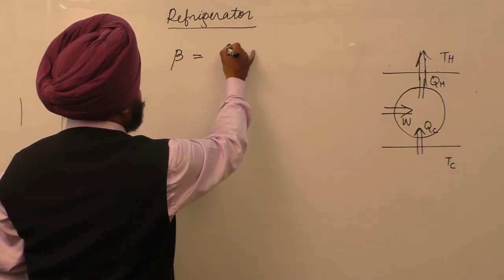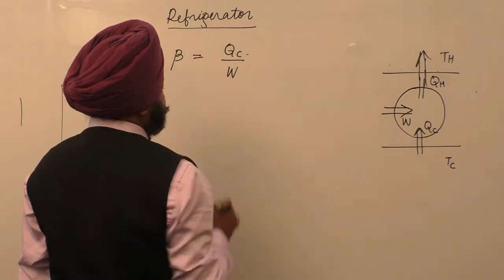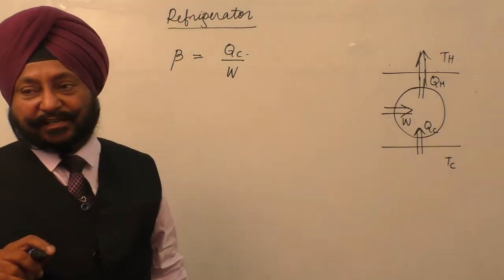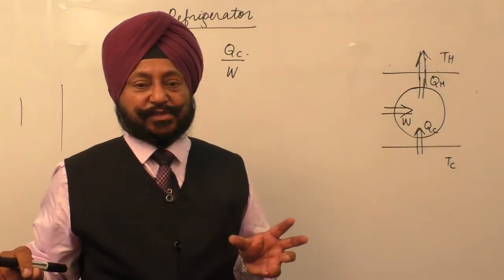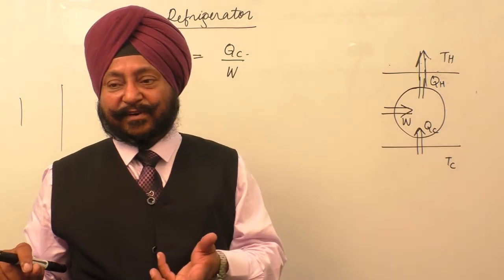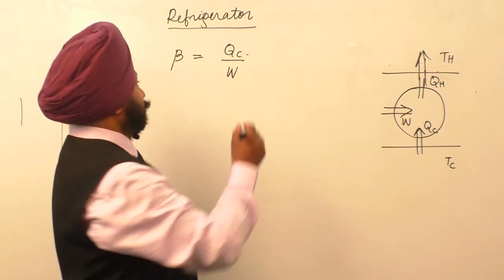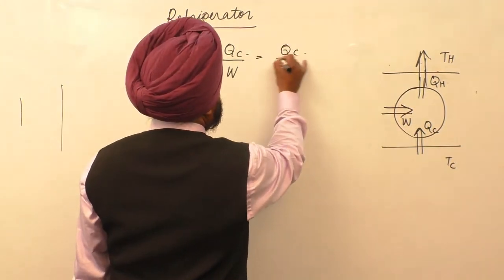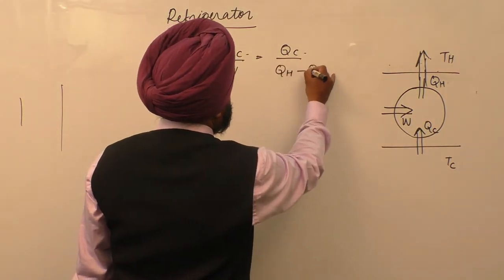We define the coefficient of performance for this refrigerator. The coefficient of performance is what has been extracted over the work we have done to extract it. So we have extracted an amount of heat QC, that is the output, and we have done work W to extract that heat. If I rewrite this, I can write it as QC over QH minus QC.